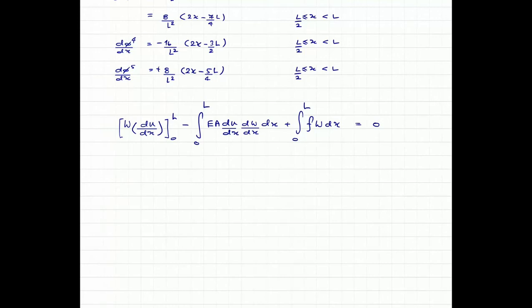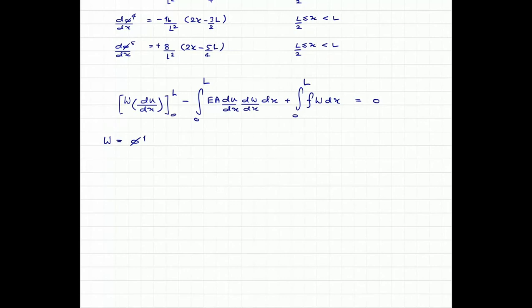First of all, W is equal to phi number 1. With phi 1, the term in here is not going to appear.